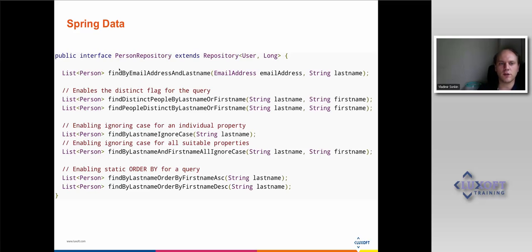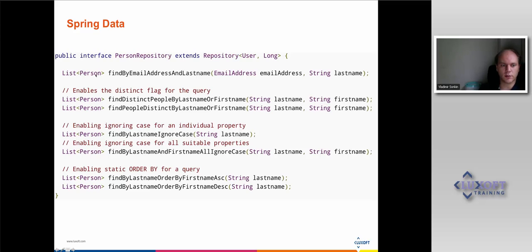For example, if we put here the method findByEmailAddressAndLastName, Spring will automatically analyze the name of this method, and it will create the finder, which will find the persons.